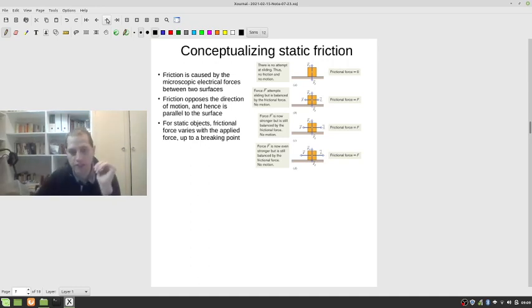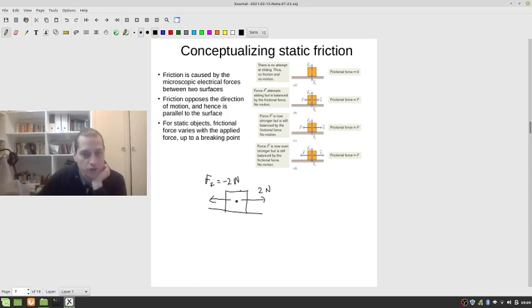So, for instance, if I have a block on a rough surface and I push it with 2 newtons of force, and it doesn't move, it doesn't accelerate, that means the frictional force in that case was minus 2 newtons. So it'd be 2 newtons pushing back on me.